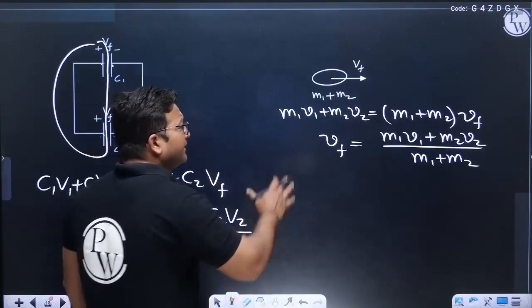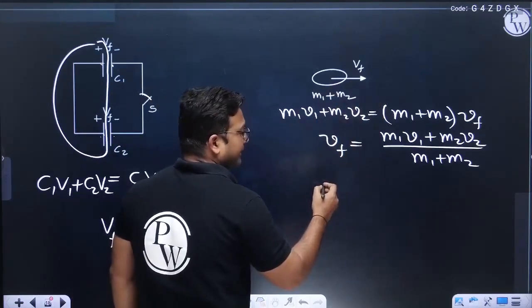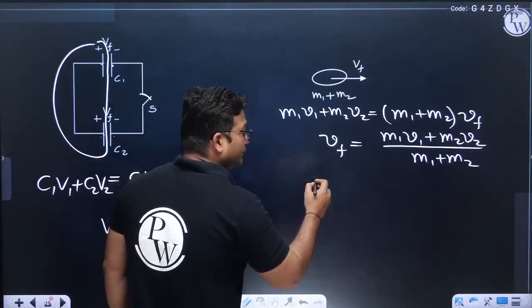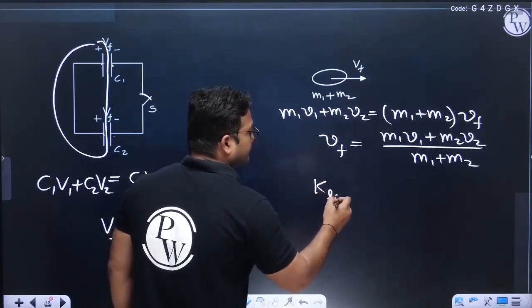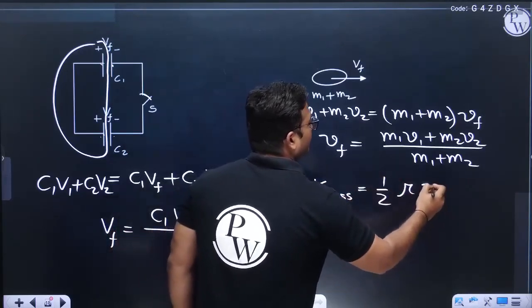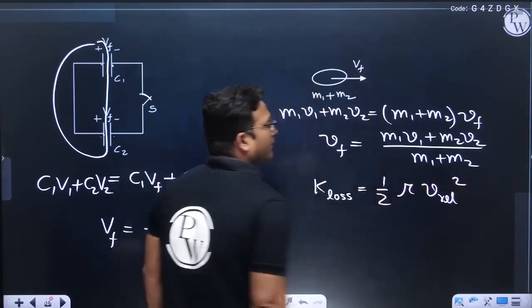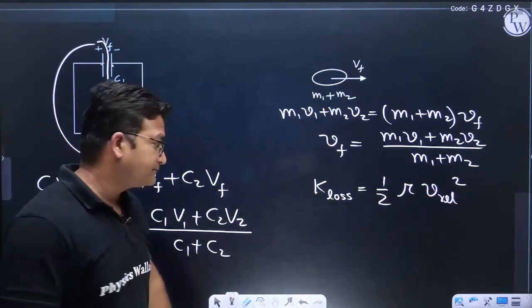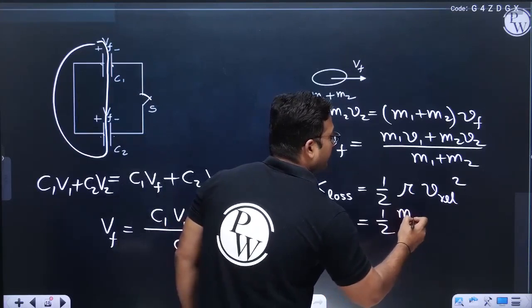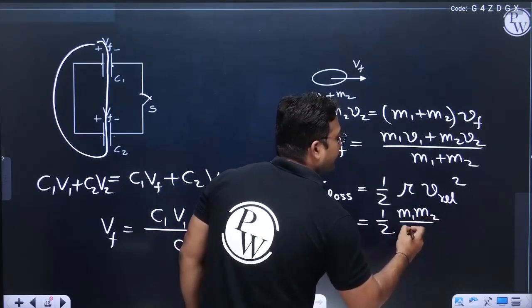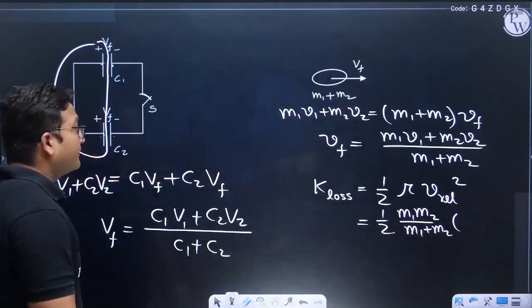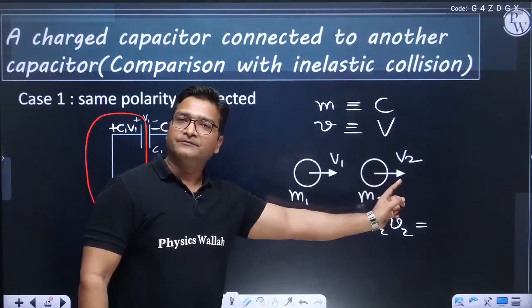I think you remember in these types of collisions, the heat loss, or the loss of kinetic energy I must say, used to be K loss equals half mu V relative square, where 1 by 2 is 1 by 2, mu is m1 m2 divided by m1 plus m2, and V relative is V1 minus V2.